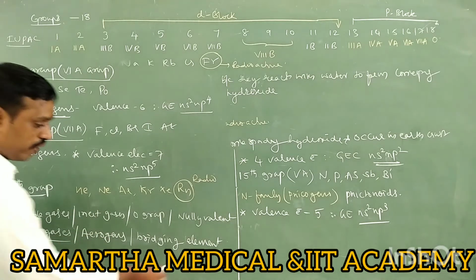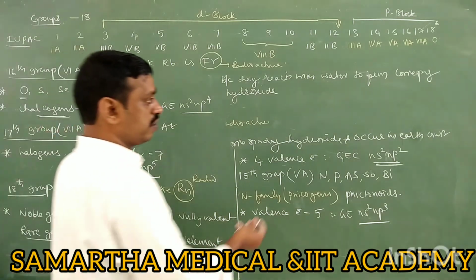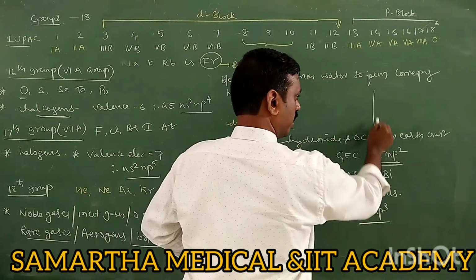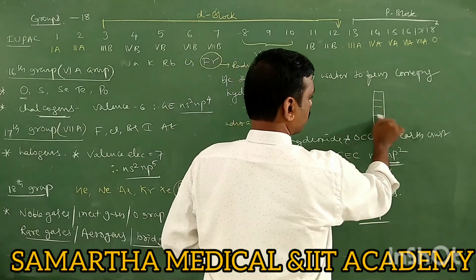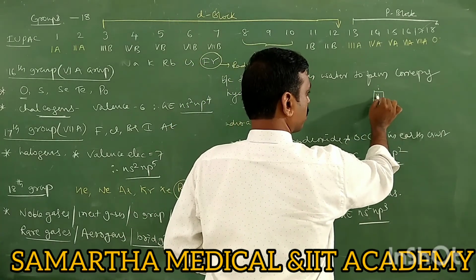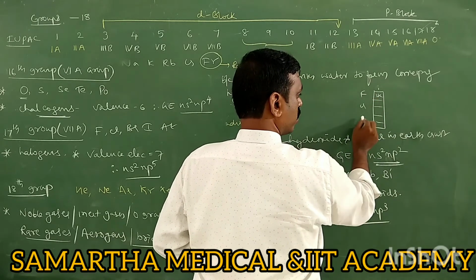And bridging elements. Why are they called bridging elements? These elements are a bridge between the more electropositive and the more electronegative. In the periodic table, at the end is what? Noble gases: helium, neon, argon, krypton. Before this, halogens: fluorine, chlorine, bromine.